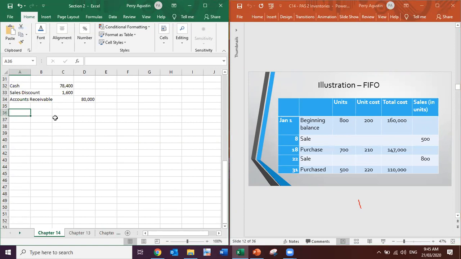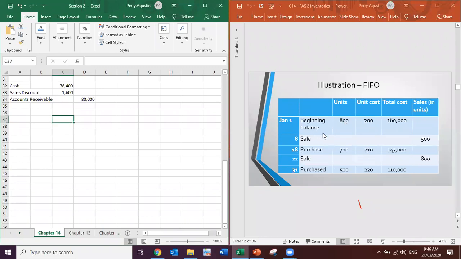So the first thing that I want you to understand is we have this table. Not every time that you are given a table. Sometimes they will be giving you a paragraph, so you should know what information to pick. So we have the following information chronological from January 1 to 31.